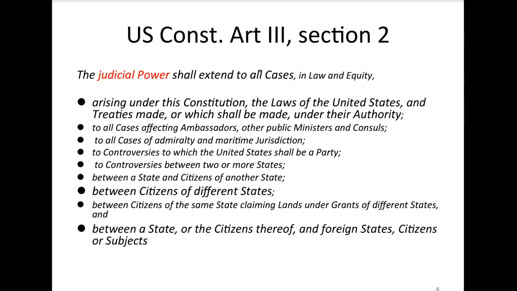Okay, so there are 9 different categories of judicial power that apply to what the Supreme Court and any lower federal courts can hear. So this is the absolute limit, but this is not necessarily what federal courts can hear, because this doesn't give federal courts any power. For that, we have to wait until the congressional statutes, which we will get to shortly.